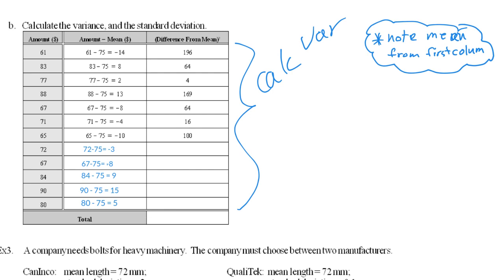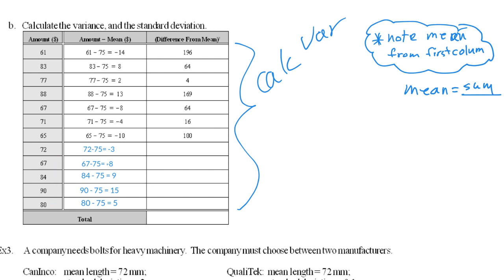Okay, so imagine that we calculated the mean to be, remember it's the sum of what's in this column here, the amount, divided by the total number. In this case, there are 1, 2, 3, 4, 5, 6, 7, 8, 9, 10, 11, 12.